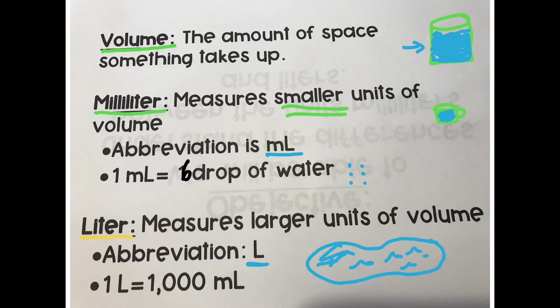Okay, and we abbreviate that with a capital L. One liter, just 1 liter, is equal to 1,000 milliliters. So if we had 1,000 drops of water, that would be equal to 1 liter. And I'm going to talk about that in a little bit.